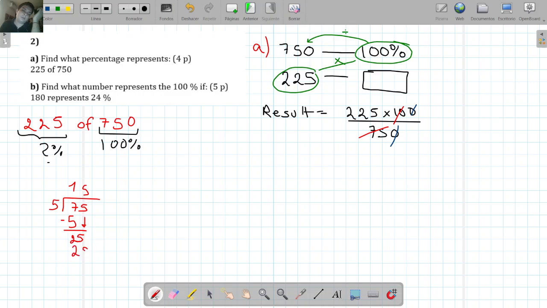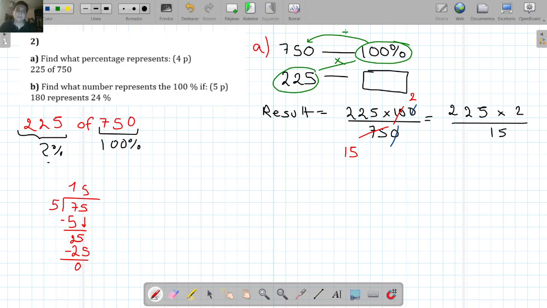So 10 divided by 5 is 2, and 75 divided by 5 is 15. And you may not see it, but you can still make this smaller. So we have 225 times 2 over 15.